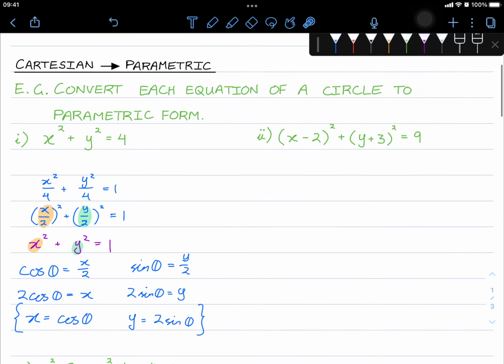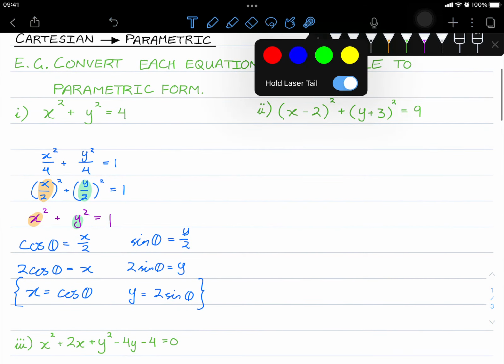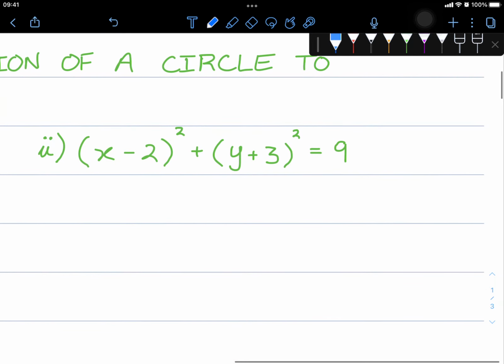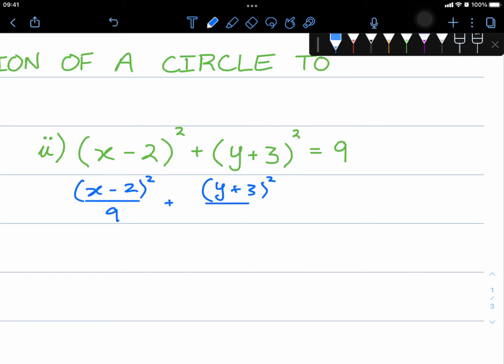So you can try it now with a different center. First we're going to change once again this into a unit circle. So (x minus 2) squared on 9, plus (y plus 3) squared on 9 equals 1.